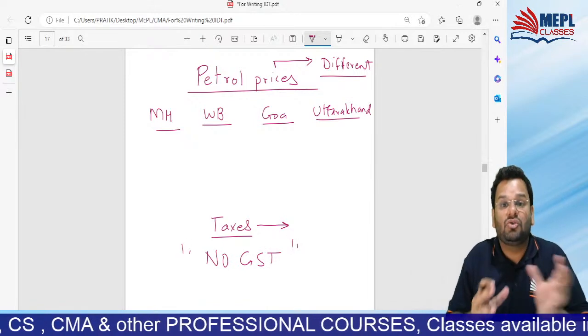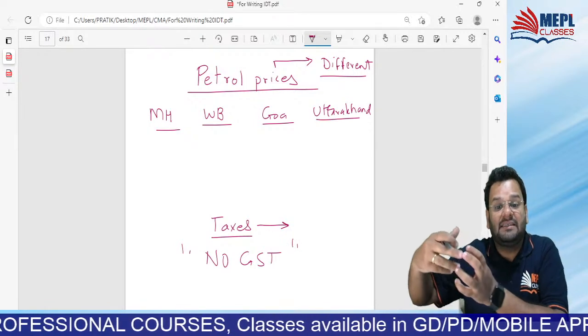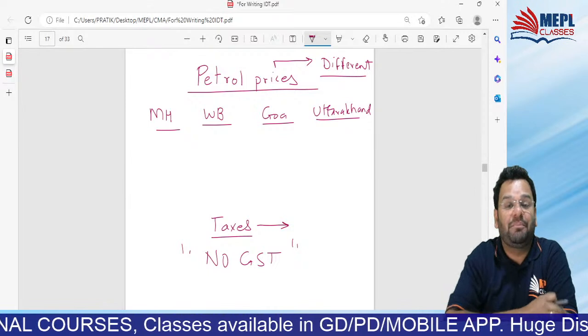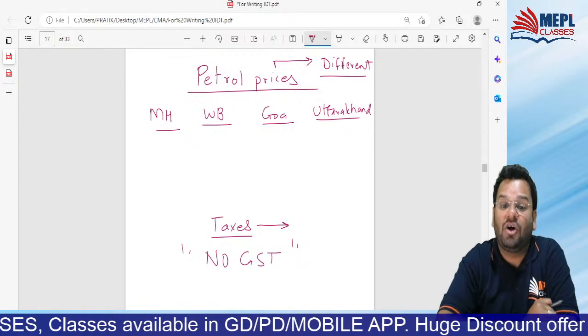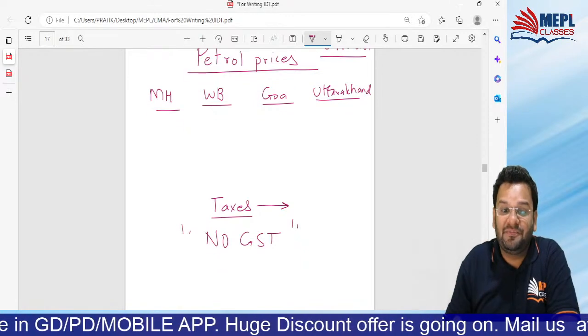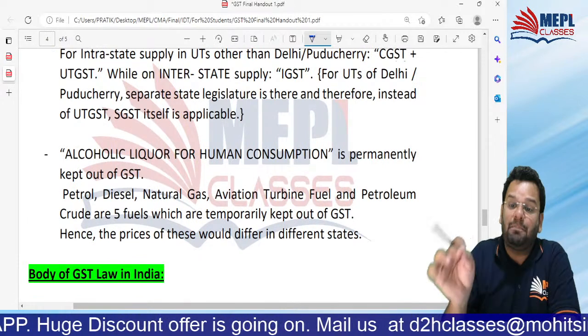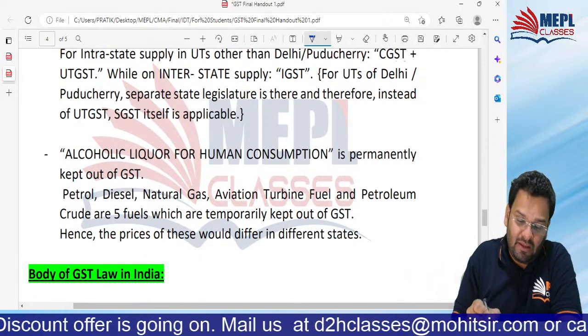No GST. So what happens? There are different taxes state-wise. So what will happen? The prices of petrol will be different in different states. Agreed? Understood?